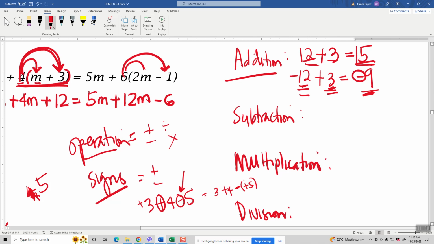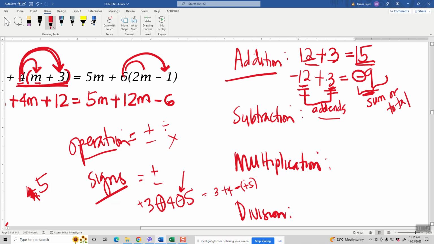Okay? So another thing that you have to understand is that these two here are what we call addends. Okay? These are addends. So negative 12 and 3 are addends. And the answer in addition is what we call sum or total. Okay?